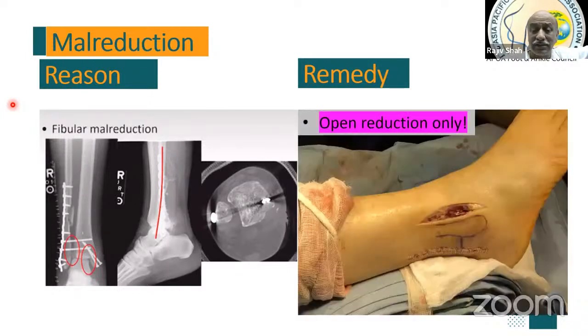Syndesmotic malreduction, again you want to prevent, you do open reduction. Now, can you see this? This is my posterolateral approach, and this is the fibula drawn, and I've gone about 3 centimeters onto the anterior border of the fibula. This is the typical incision for open reduction of syndesmosis.